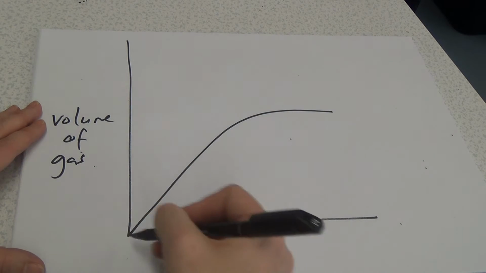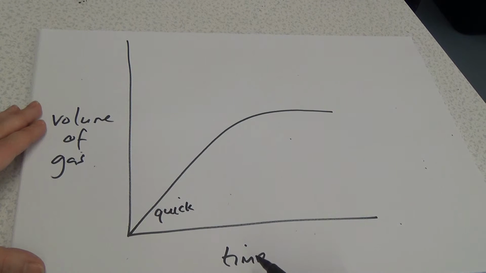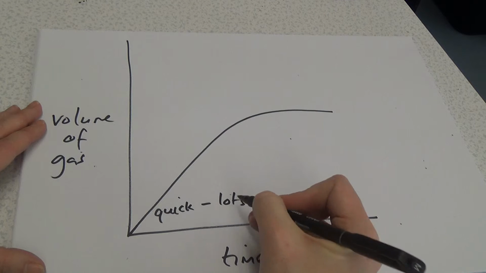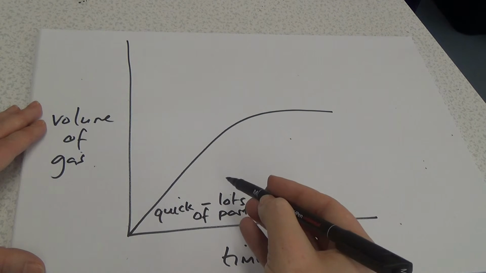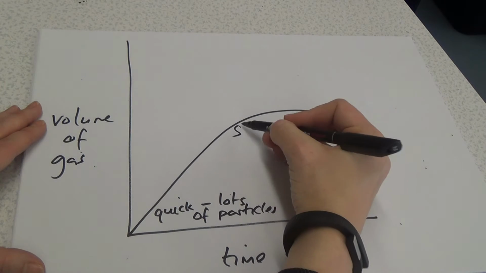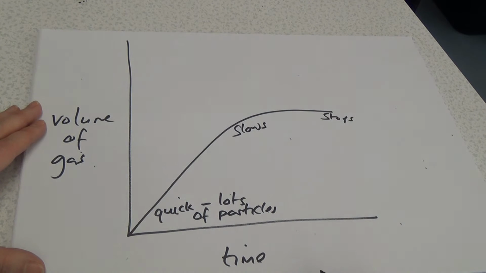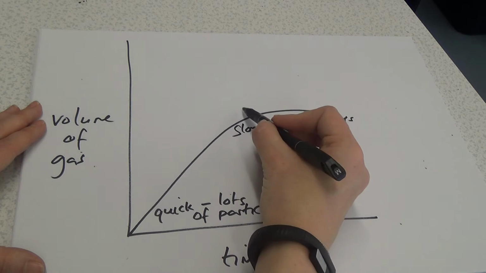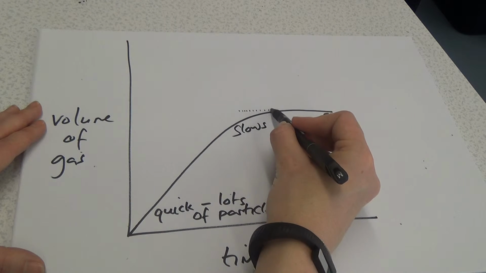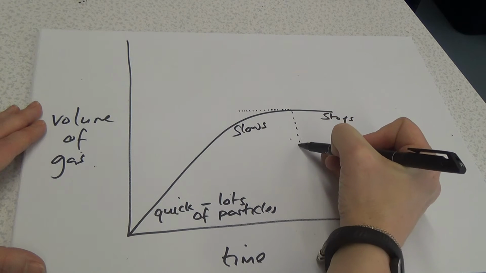It starts off quickly, so you've got a quick reaction at the beginning because you have lots of reactant particles at that point. As those particles are used and reacted, the reaction starts to slow until eventually, at this point, it stops. If they ask you when the reaction stopped, you have to look at the point where, if we carried on the line, it becomes a straight line.